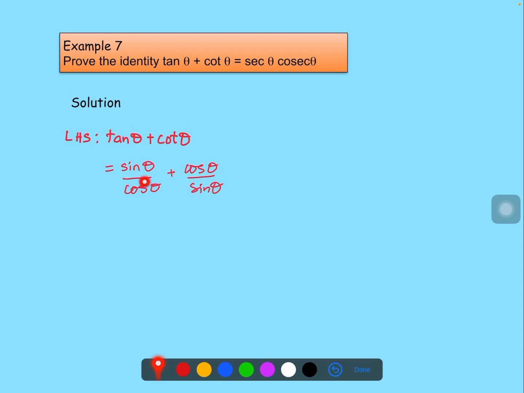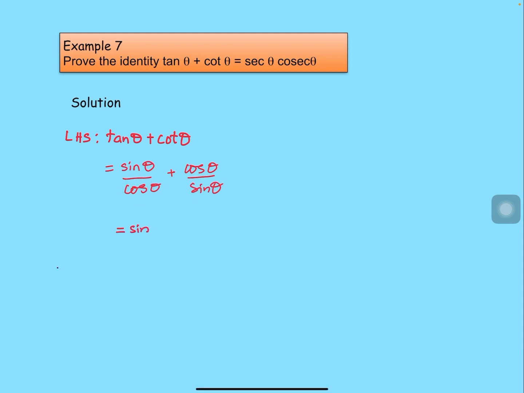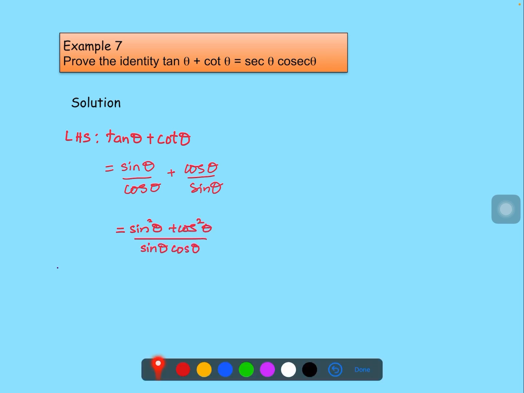Now we go to equate the denominator part. So we will have here sin squared plus cos squared over sin theta cos theta. We have sin theta times sin theta is sin squared. Sin theta cos theta divided by sin theta, we have cos times cos, we have cos squared.